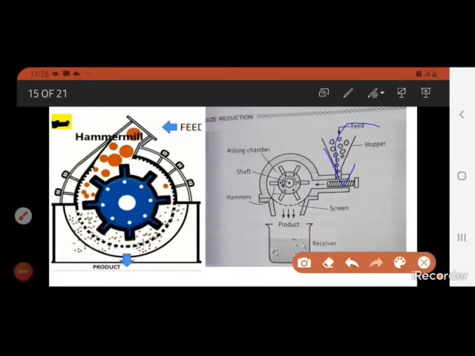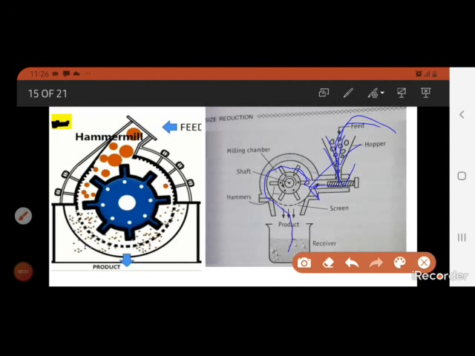The hammer is allowed to operate in a continuous motion. Next, the feed is allowed to pass through the hopper. It flows vertically, then horizontally, and enters into the hammer mill. After entering, the material strikes against the rotating hammer and is converted to small particles. Small particles move faster along the casing and enter into the screen.